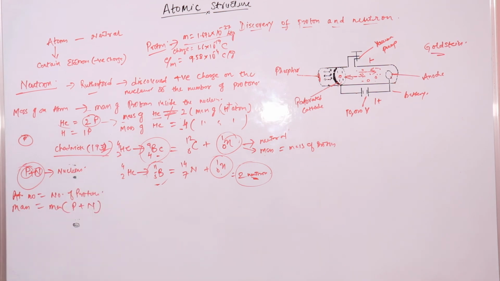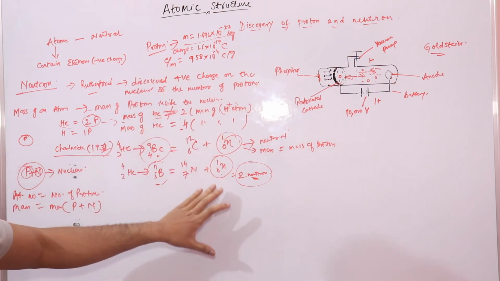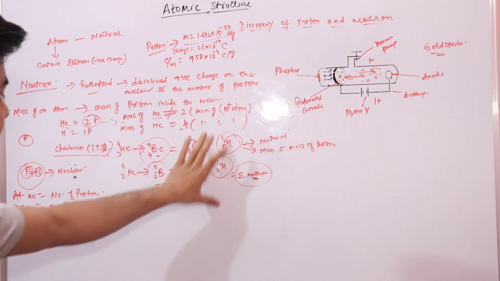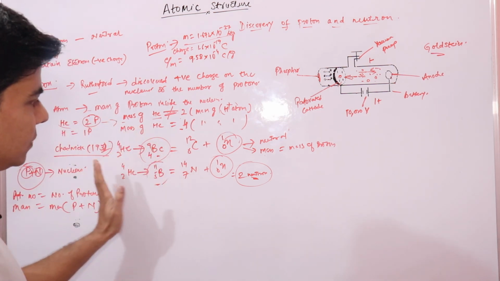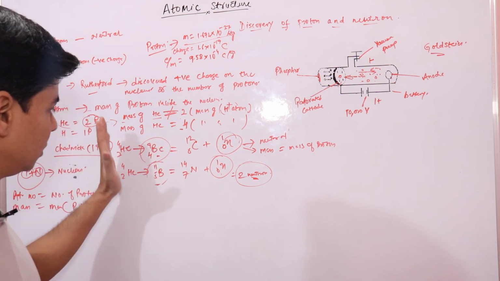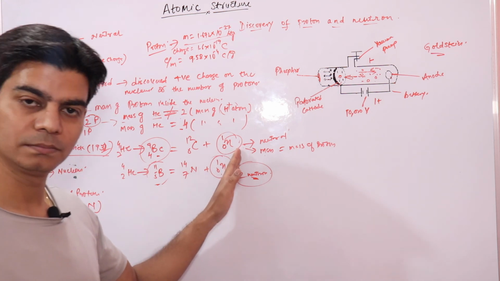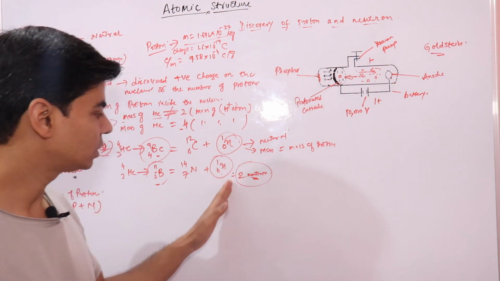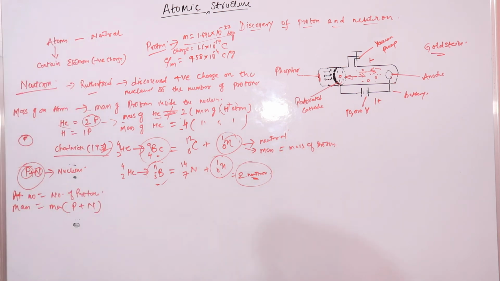Just remember that this discrepancy in the masses of elements led to the discovery of neutrons, and this was experimentally proved by Chadwick when he bombarded light atoms of beryllium and boron with alpha particles, where he noted the emission of some rays that do not carry any charge but have mass equal to the mass of a proton.